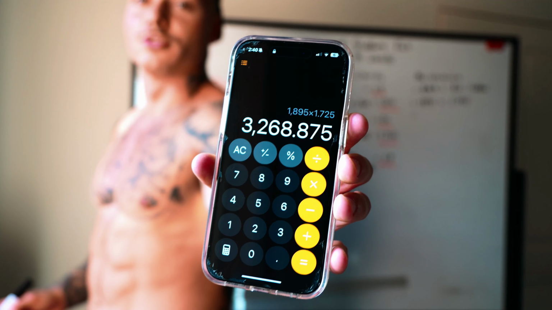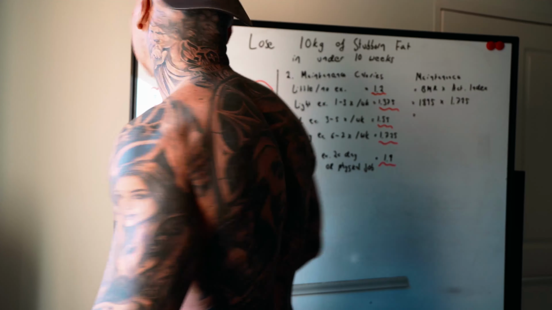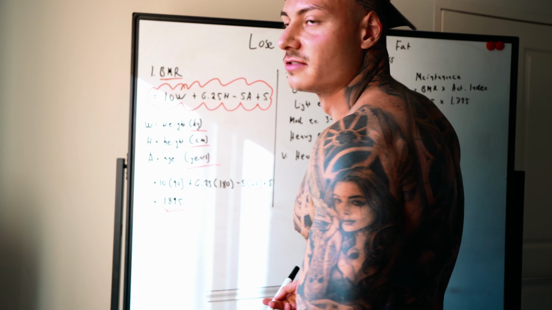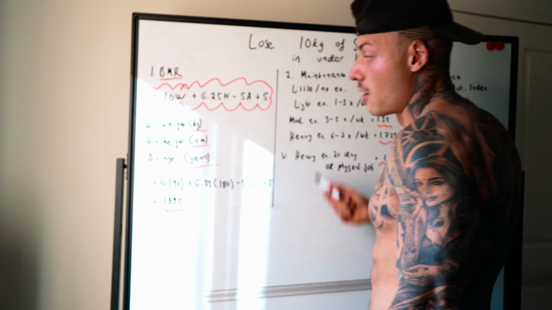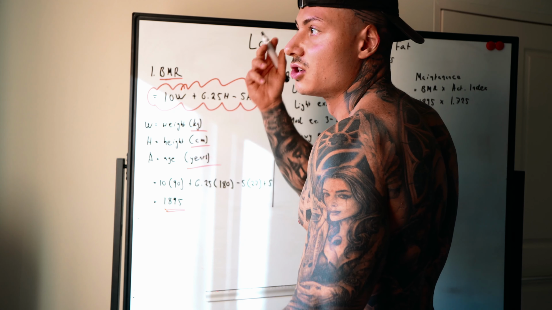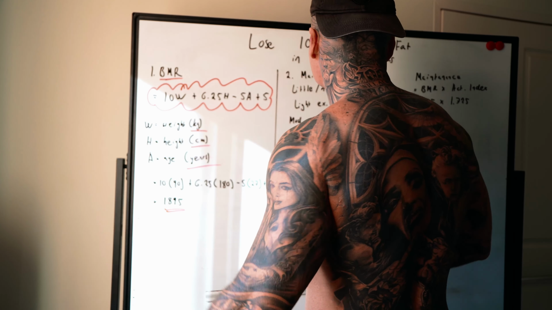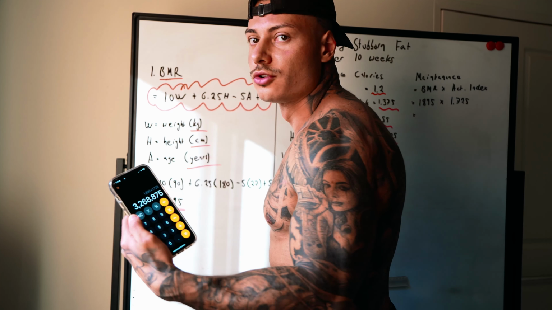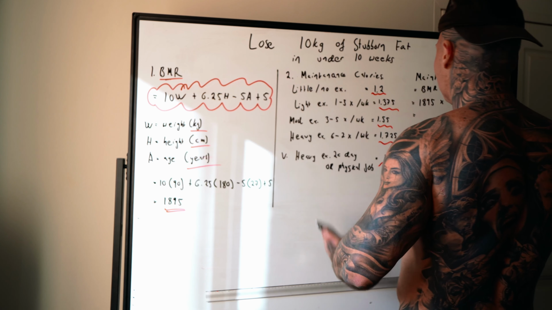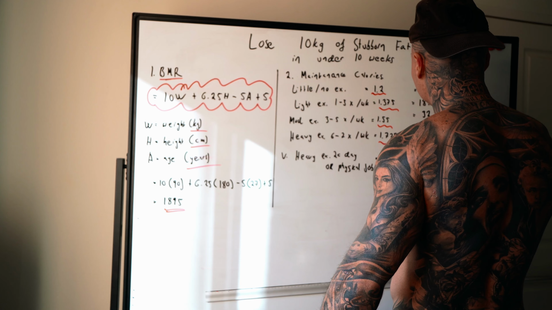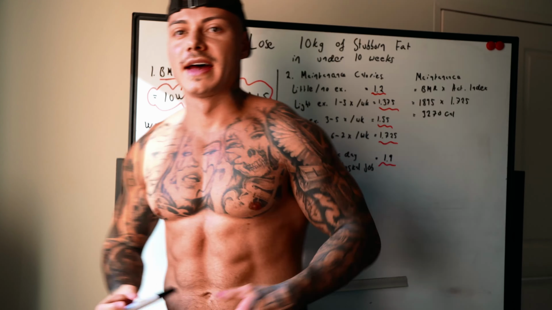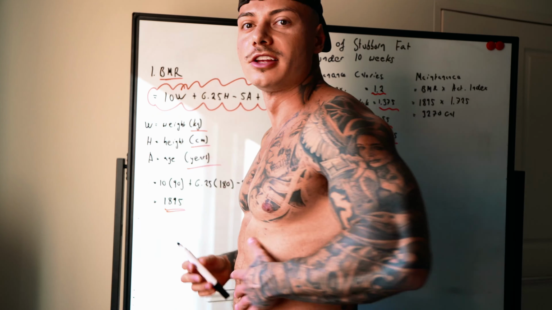So we'll do 3270 as my maintenance calories if I exercise very heavily. That may always change, yeah? That's why your maintenance calories can change depending on your activity. For this example, we're going to do 3270. That's how many calories I need to eat every day to maintain my 90 kilo physique.